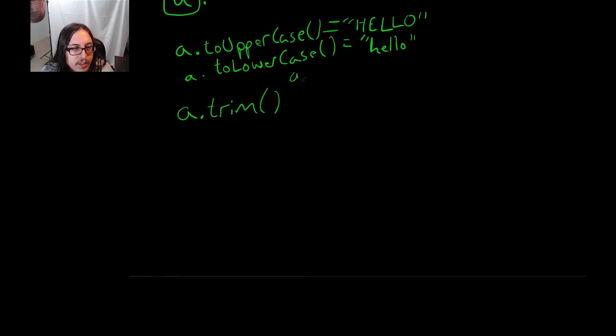So say that a equals something like this, right, where there's a bunch of spaces before and after. Then a.trim will return without all that white space.